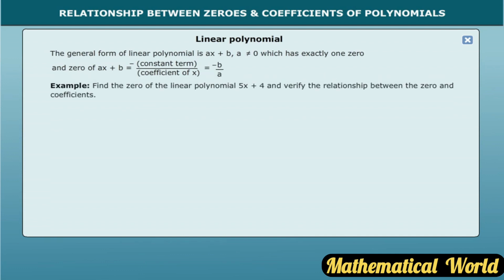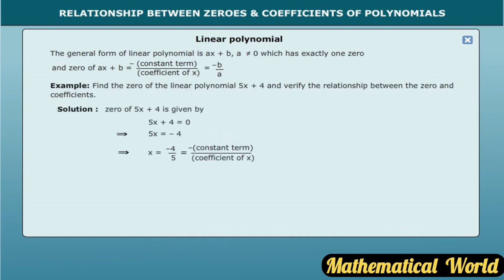Find the zero of the linear polynomial 5x plus 4 and verify the relationship between zero and coefficients. The zero of 5x plus 4 is given by 5x plus 4 equal to 0, implies 5x equal to minus 4, implies x is equal to minus 4 upon 5, that is minus constant term upon coefficient of x.